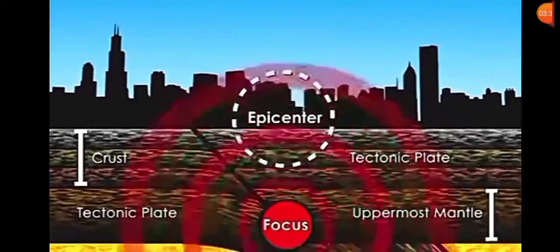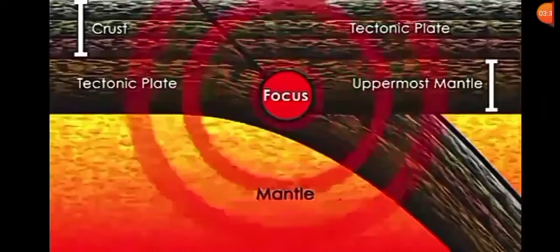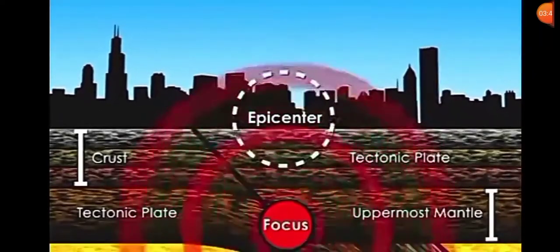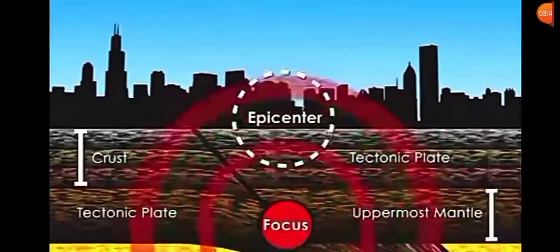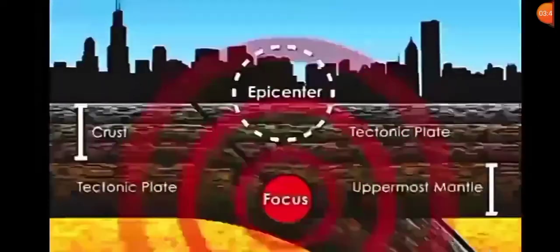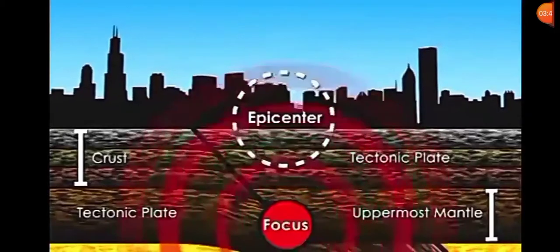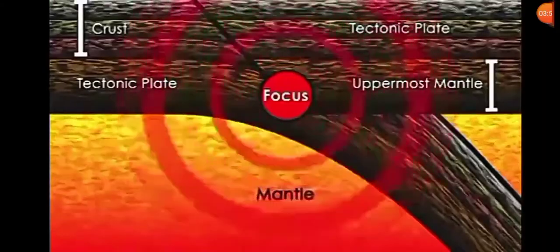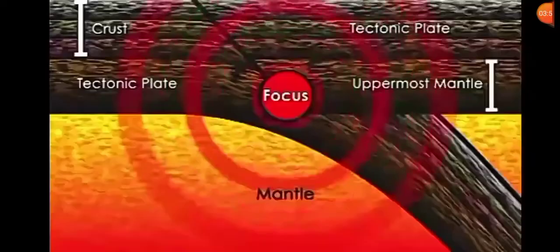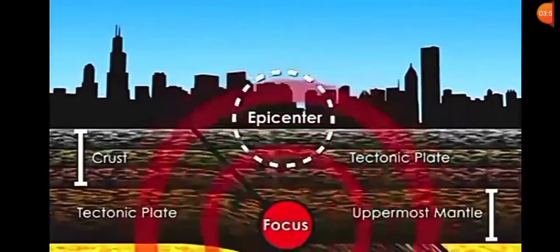The greatest damage is usually closest to the epicenter, and the strength of the earthquake decreases away from the center. If we go far from the focus and the epicenter, the strength of the earthquake also decreases.